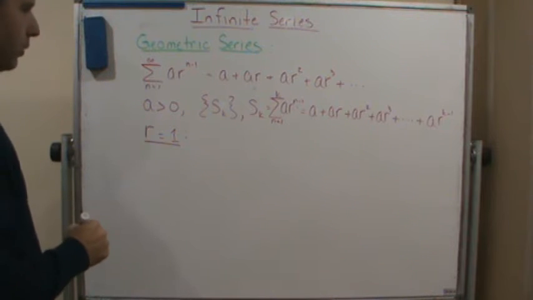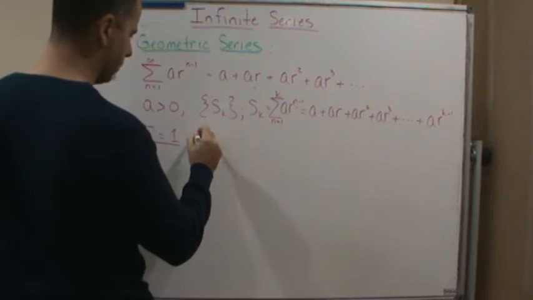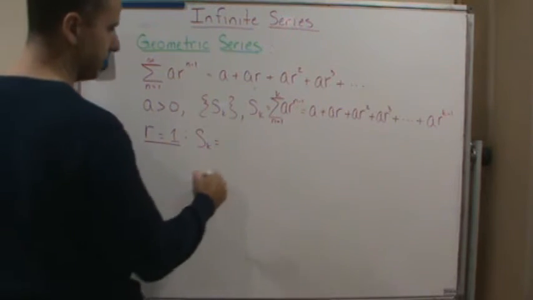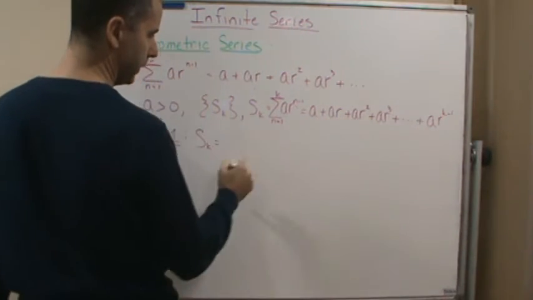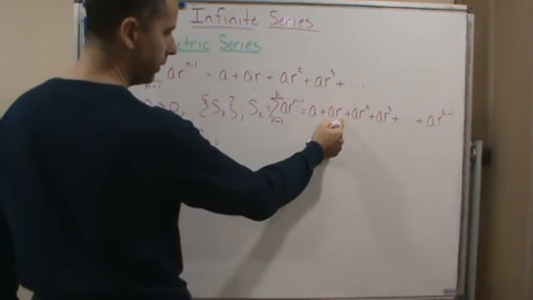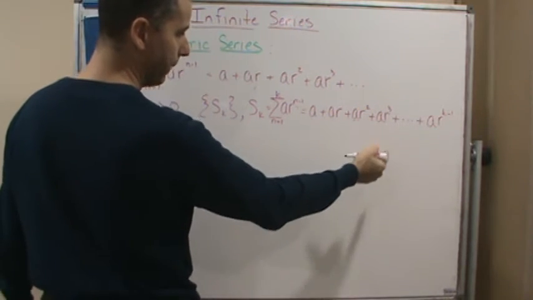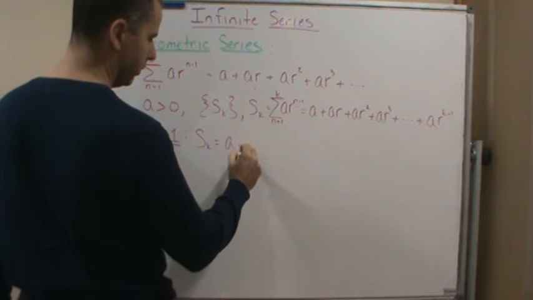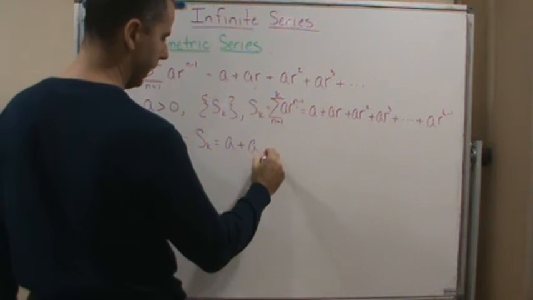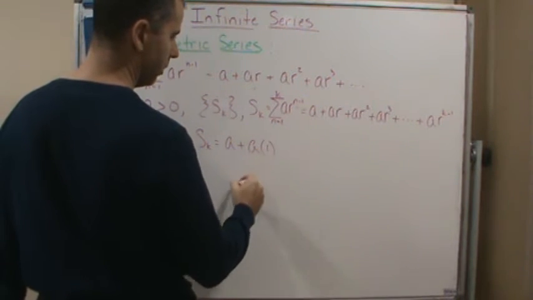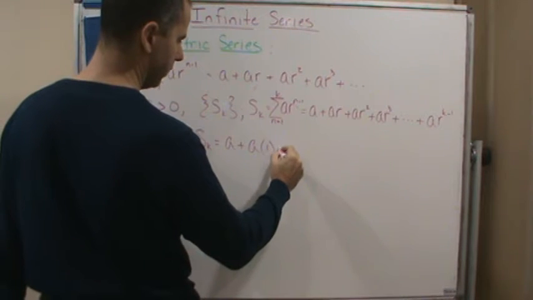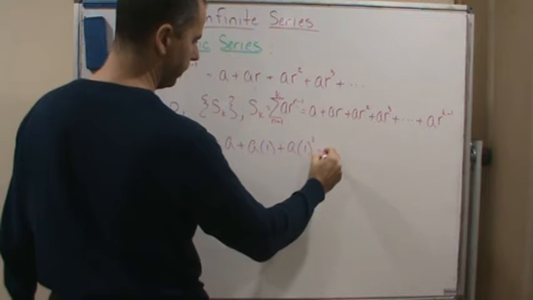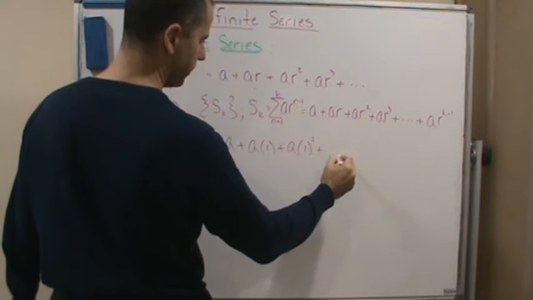Well, if R is equal to 1, what happens to S sub k? Then all the R values become 1, because 1 to any power is still 1. So we get A plus A times 1 plus A times 1 squared, and so on.